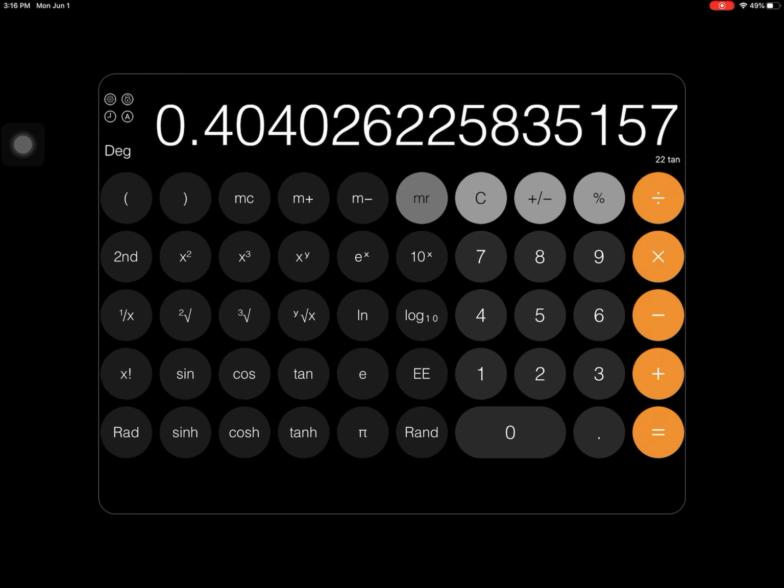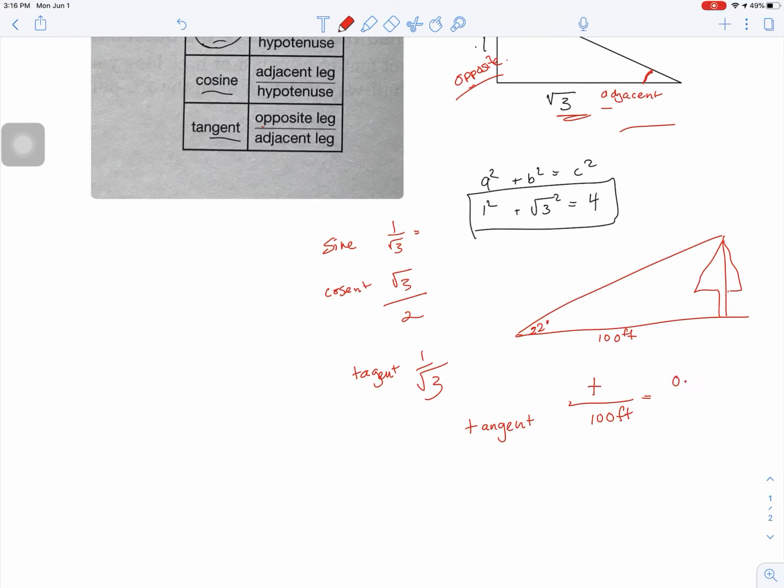So it equals basically 0.404, which means that's how tall this would be if it were 1 unit. Which means that we essentially, to go this direction, we have to multiply by 100. So we multiply 100, and we see that the tree is about 40.4 feet.